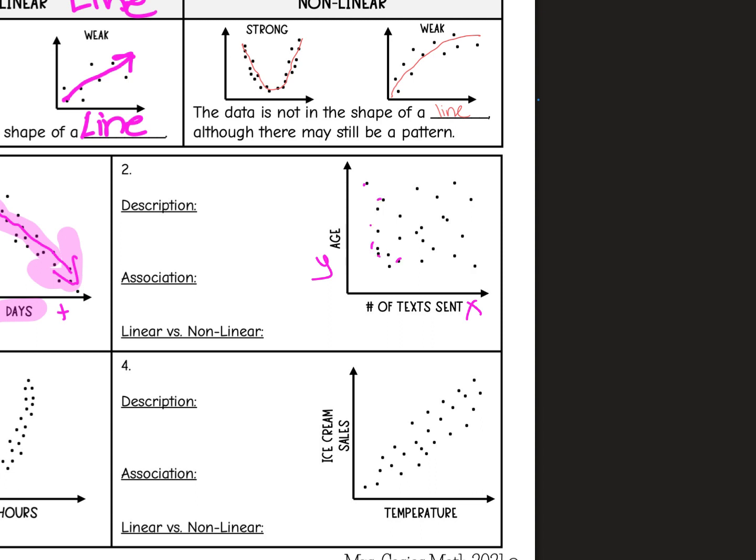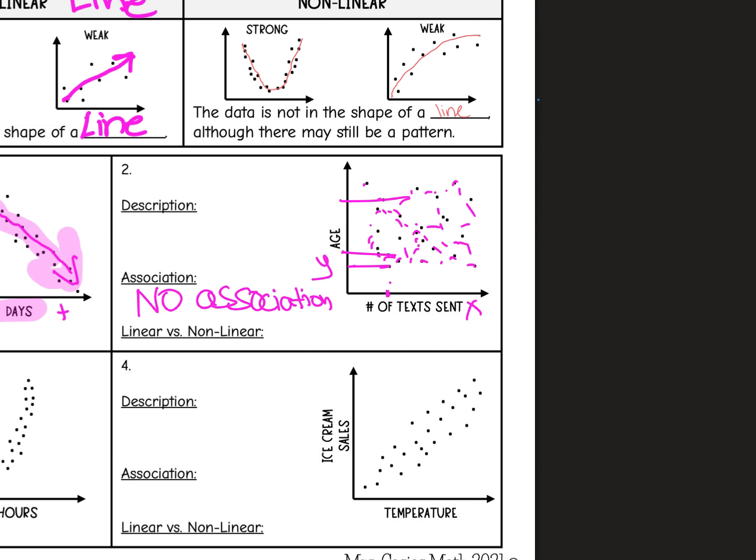Now look at this. This is what I would refer to as a true scatter plot. It is just all over the place. Do you see any association? I see none at all, because for this number of texts, my age could be here, or here, or here. So there is no association. I cannot see a relationship between the number of texts sent and the age.